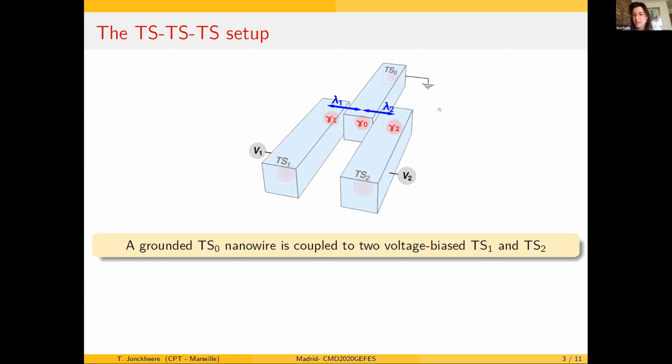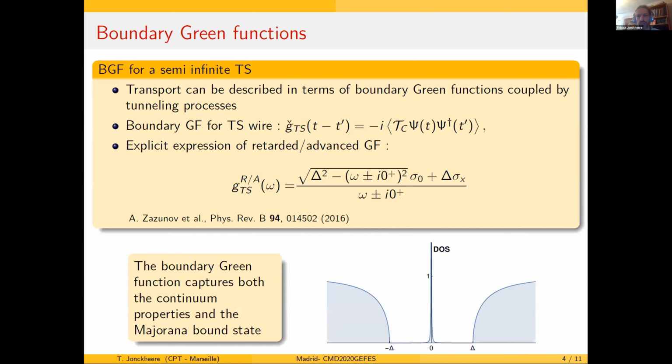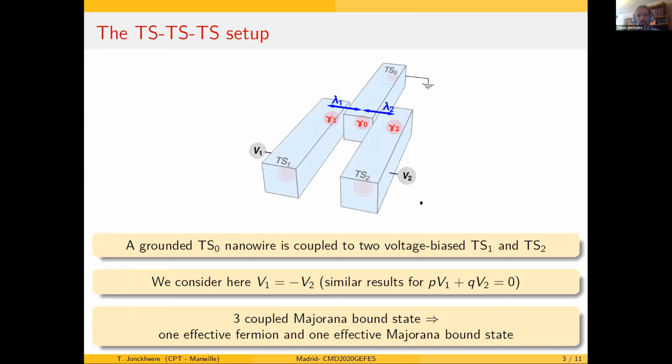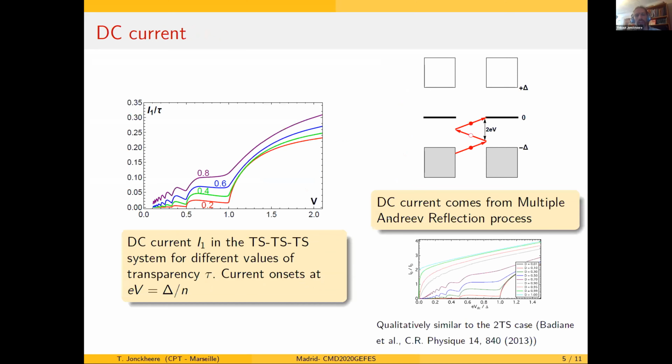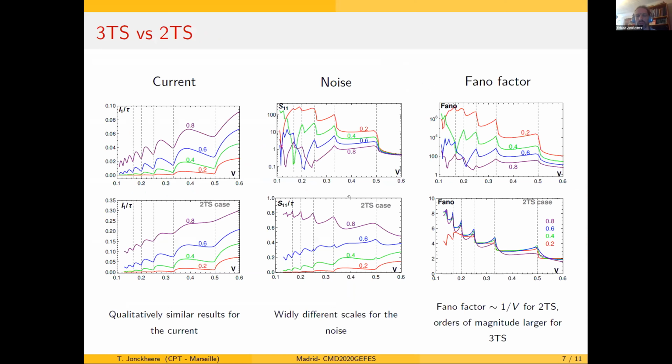So he's satisfied. And then there is another question by Sun Hoon Park. Is the small intrinsic parity relaxation also important for the noise in the 2-terminal geometry? Yeah, much less, because in the 2-terminal geometry you cannot really see the effect of this parity relaxation time.